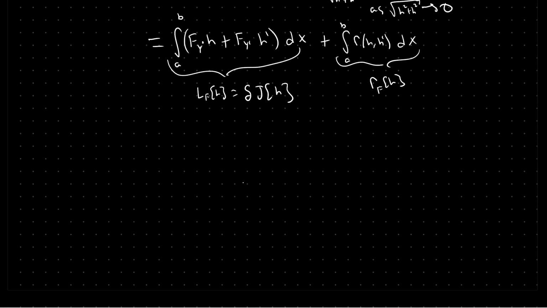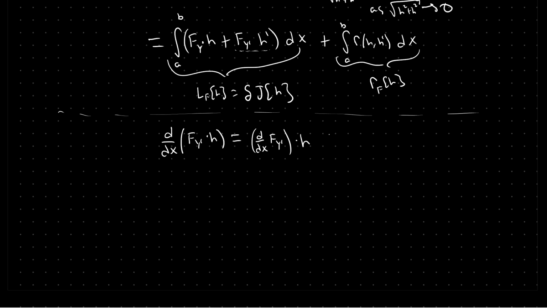And to connect this with the finite difference method that we applied a little earlier, Euler's finite difference method, we can do something very interesting. If we do integration by parts on this term right here, recall that the x derivative of f_y' times h is the x derivative of f_y' times h plus f_y' times the derivative of h, which is h'.